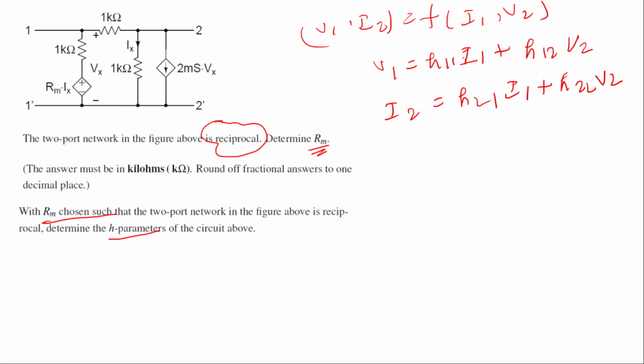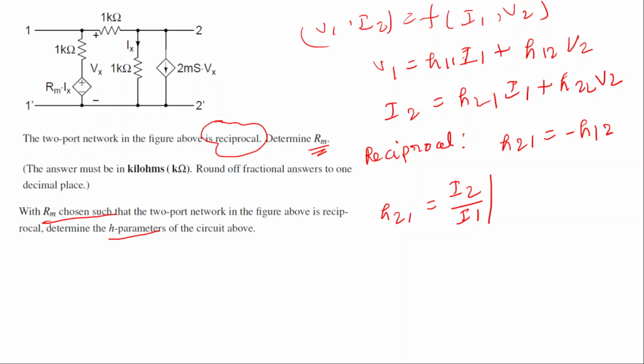So what is reciprocal? If the network is reciprocal, then this implies that H21 equals minus H12. Now what is our H21? H21 is I2 by I1, given that V2 equals 0, the ratio of output to input current, provided that the output is short circuited.